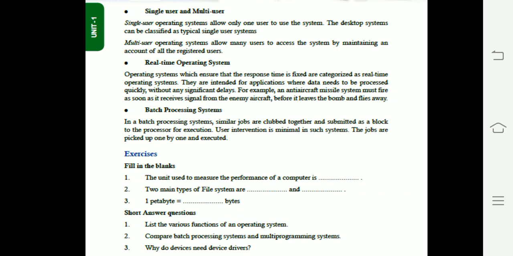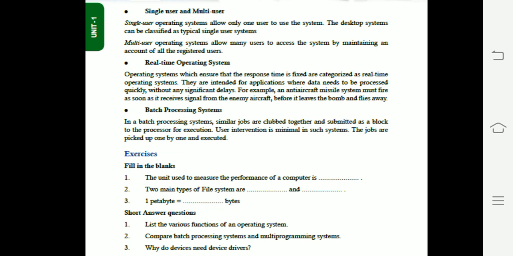Then it comes real-time operating systems. Such an operating system ensures the response time, responding quickly as soon as it gets the input. It also produces and updates information as quickly as it gets the input.